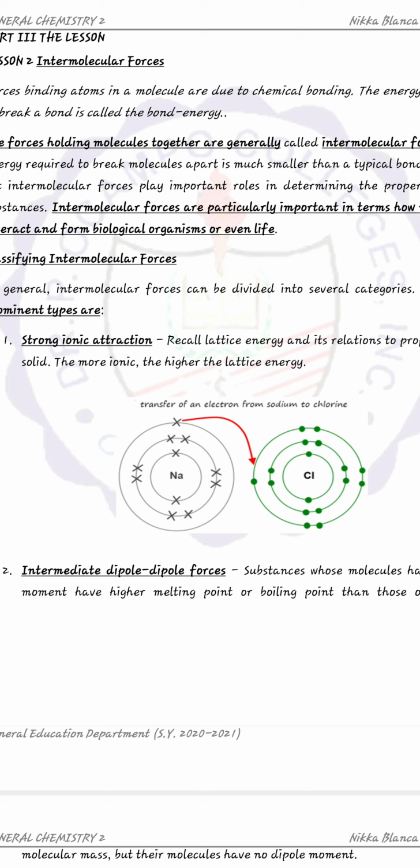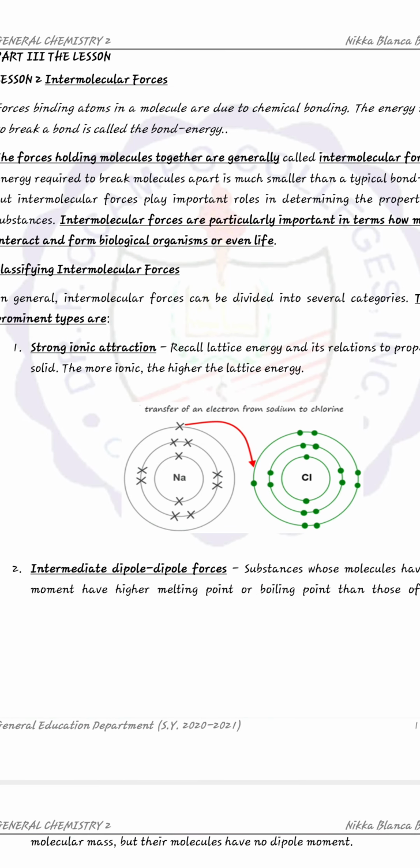In typical bonding, the bond energy process involves chemical bonding. In intermolecular forces, there are prominent types, meaning different ways a molecule will bind to another by means of different types of intermolecular forces. One of these types is strong ionic attraction.